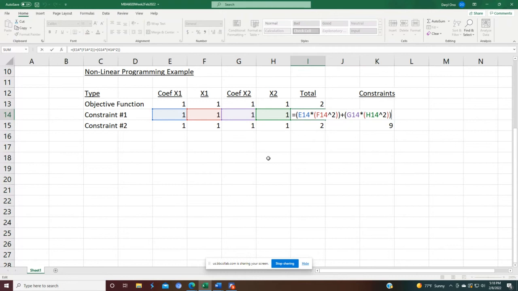Make sure you got this formula correct, because for constraint 2, it's the same formula. I'm just going to copy it down.